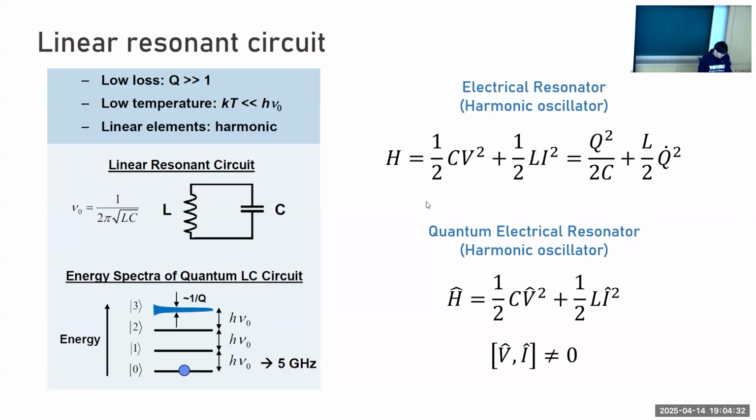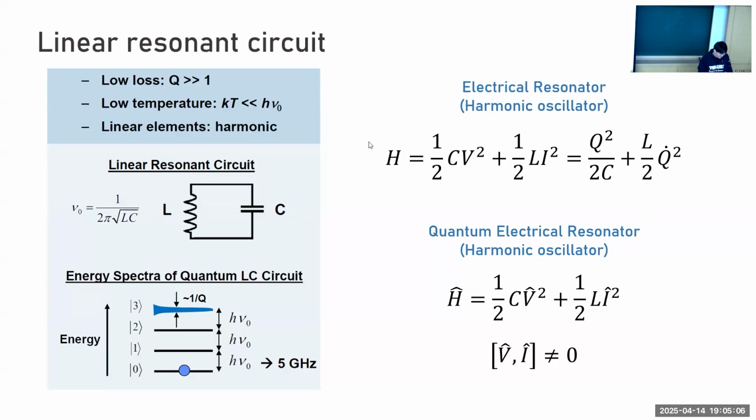Basically, we are more familiar with the classical Hamiltonian, like one half k x squared plus one half m v squared. That looks like a very similar structure in the linear resonance circuit.